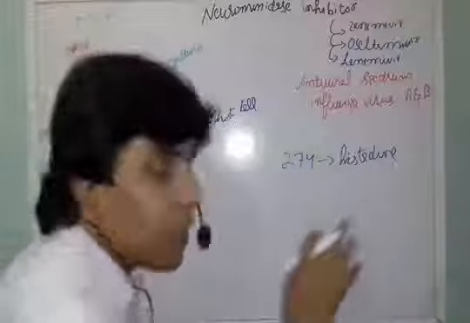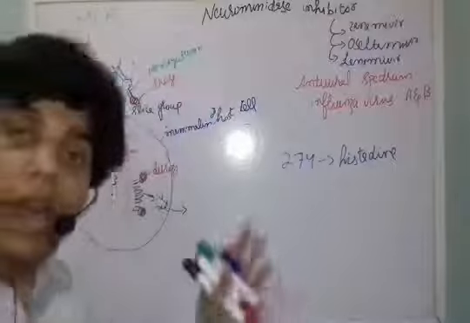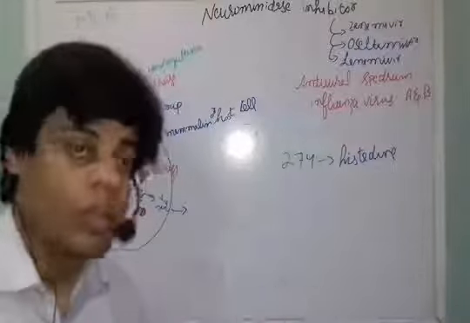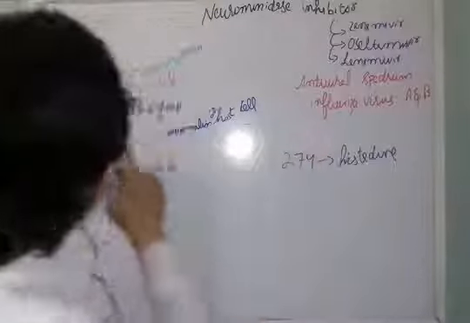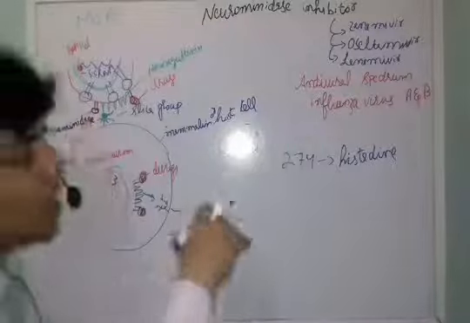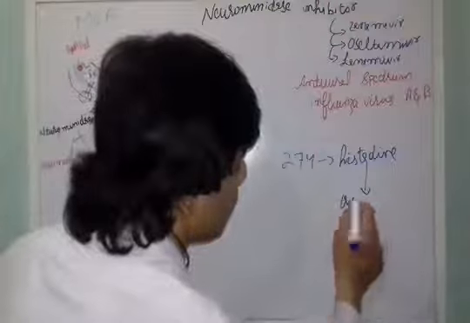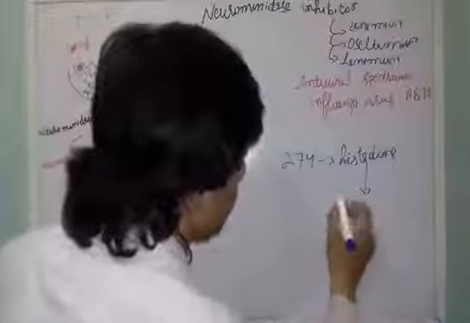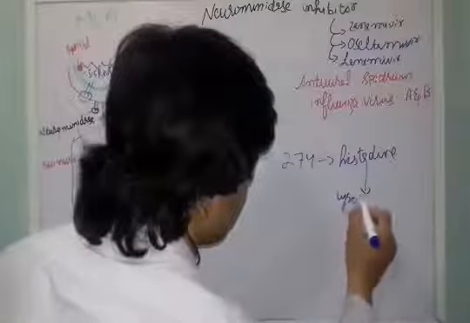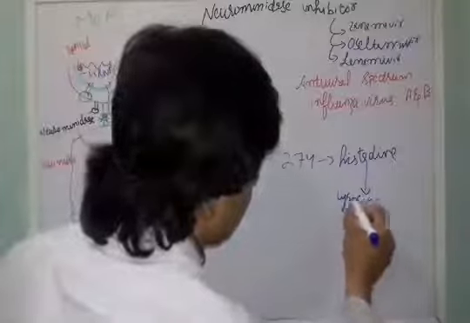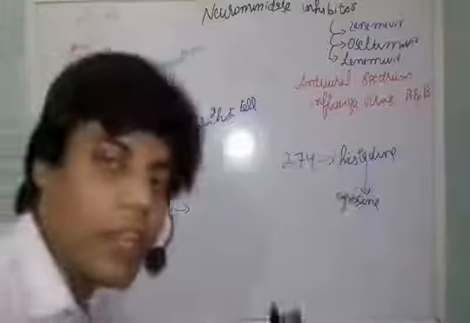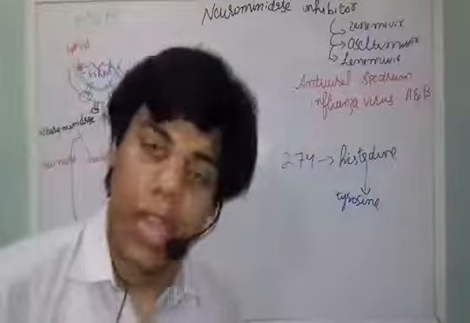So once the histidine is present, this drug will show its activity. What happened? This neuraminidase changed this amino acid to tyrosine. Now here the histidine amino acid is changed into tyrosine.